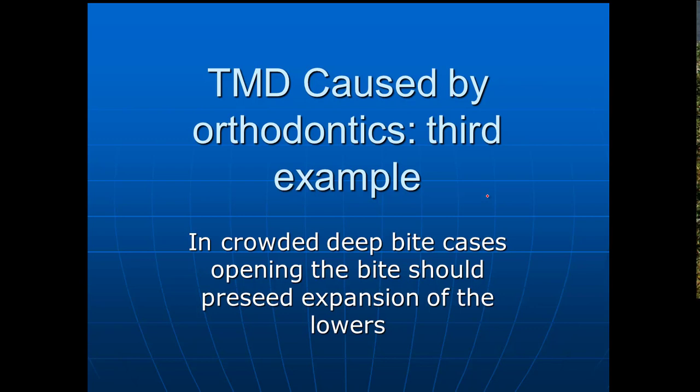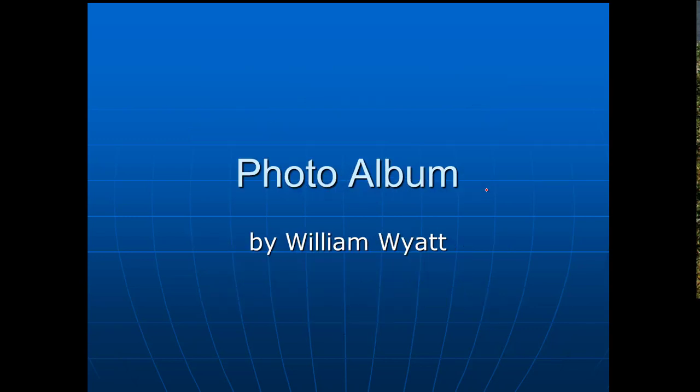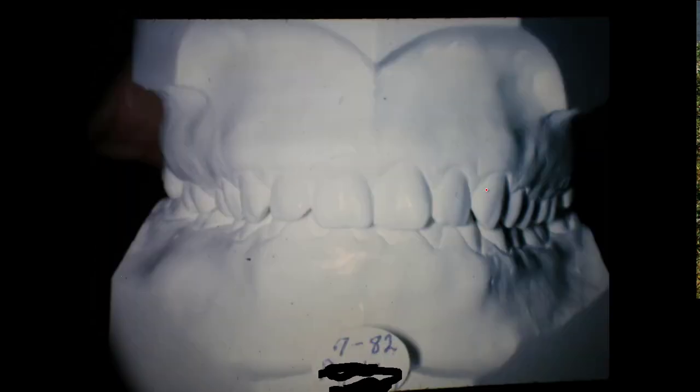Okay, I'm going to hush up on that part of it, and let's go on and show you this case. It's a rather short case. Anyway, here is the lady. The photographs weren't too good back then, but this lady comes in. She has TMD, or temporomandibular disorder, and her jaw is bothering her.